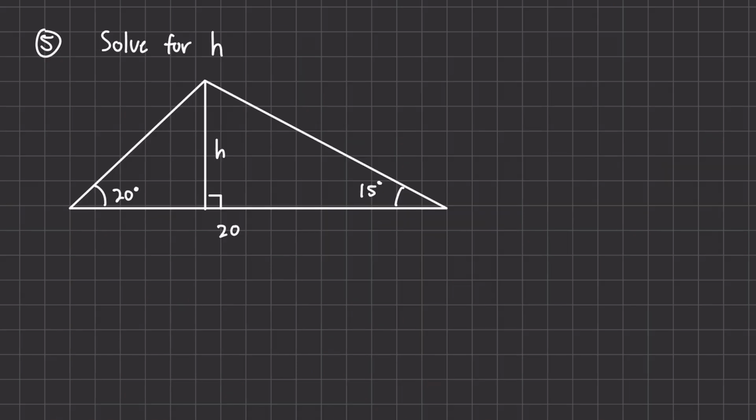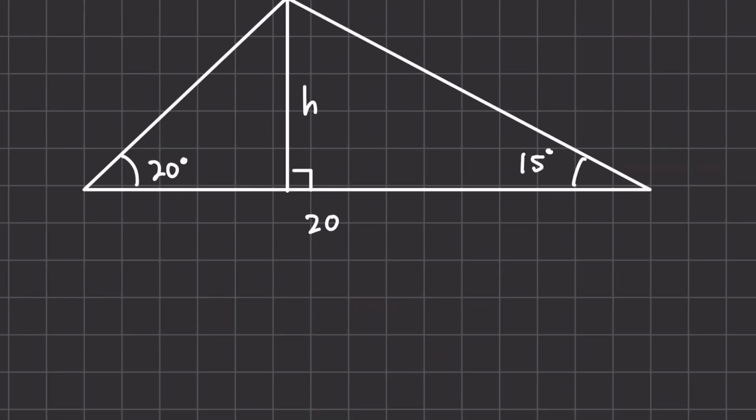So here is the last question, and here we're being asked to solve for h, which is the altitude of this bigger triangle right here. Now this is a pretty challenging question, but please try it for yourself first. So the key for this question is to actually divide this whole side length into two pieces, like so.